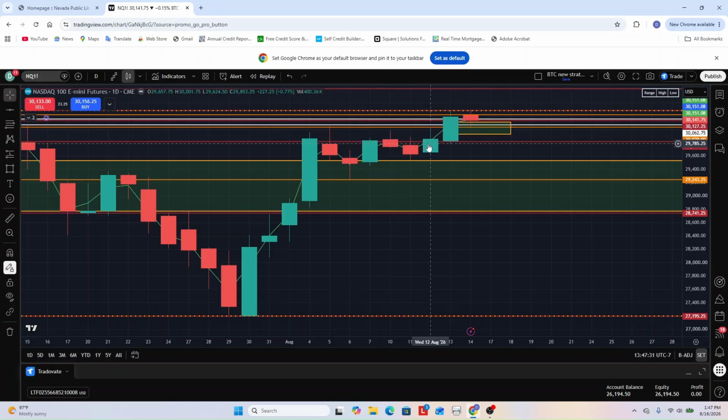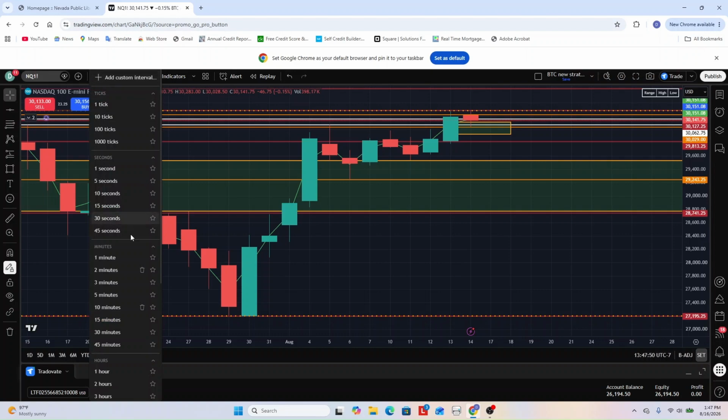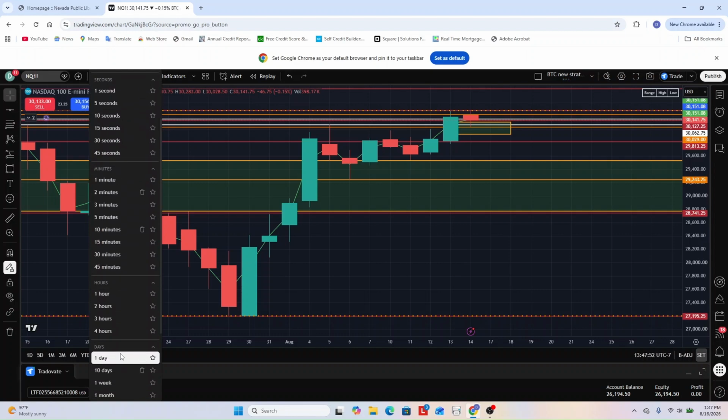And then on this day right here, it moved from 29,785 all the way up to 30,280. So about 500 points. So NASDAQ moves. It's like steroids on crack.